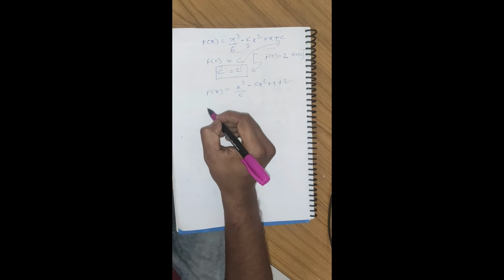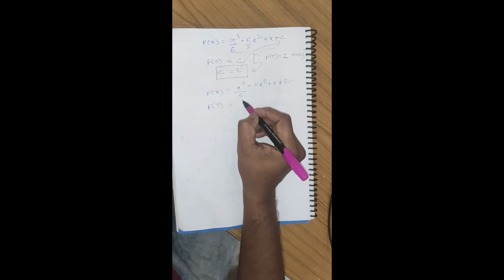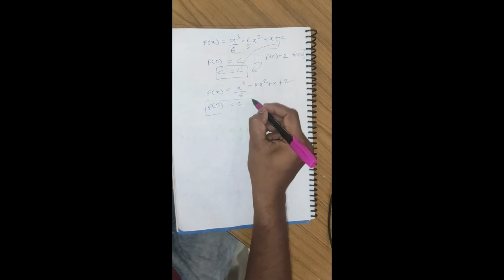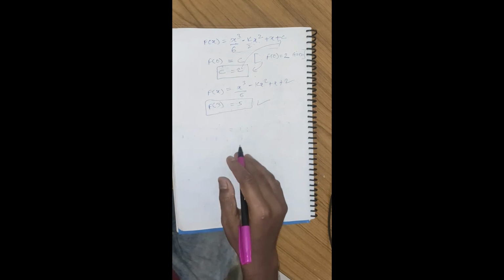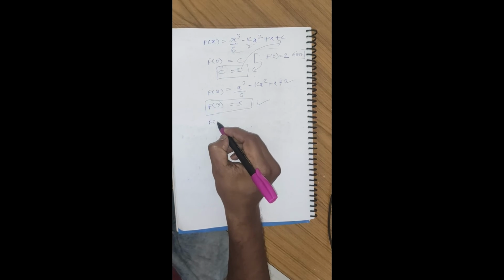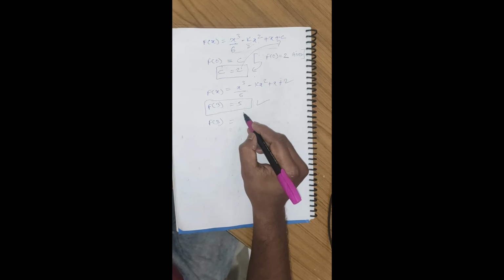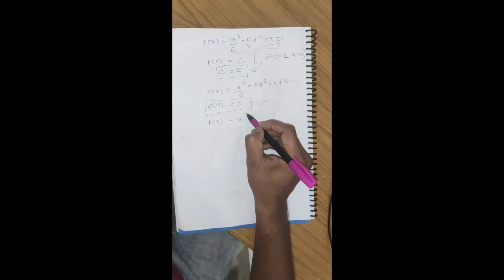So again we know that f of 3 is equal to 5. I think you should write like this. First write this, then you know f of 3 is equal to, you can put it over here, that is, I'll write in full.